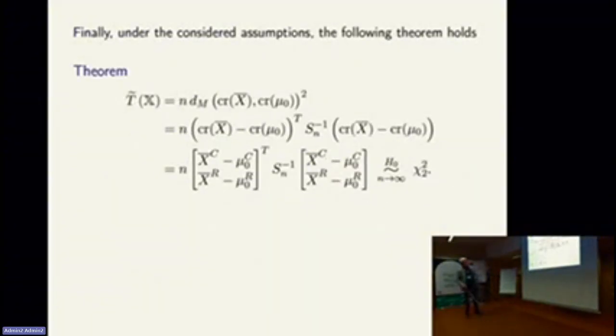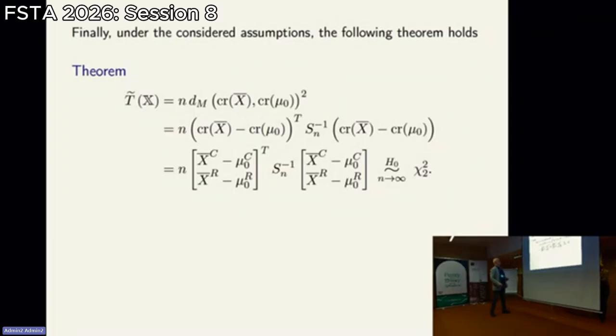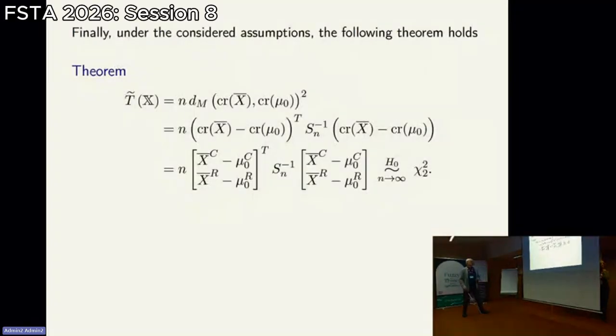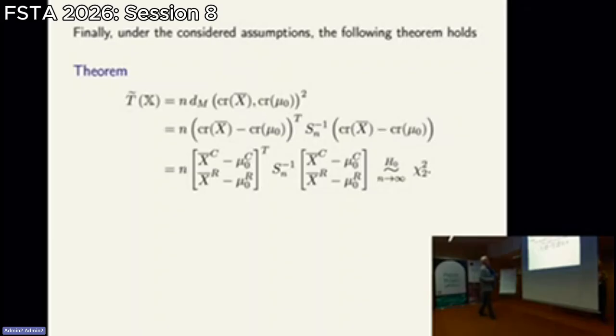So again, we have a very similar theorem that our test statistic, now with a tilde because instead of sigma^-1, I have the inverse of the estimator of the matrix. What's important is that if I substitute the true value by the estimator, again I obtain the same distribution.